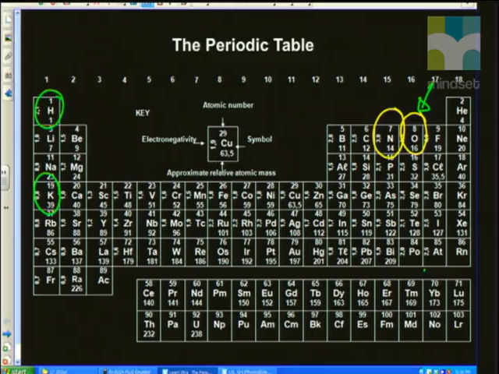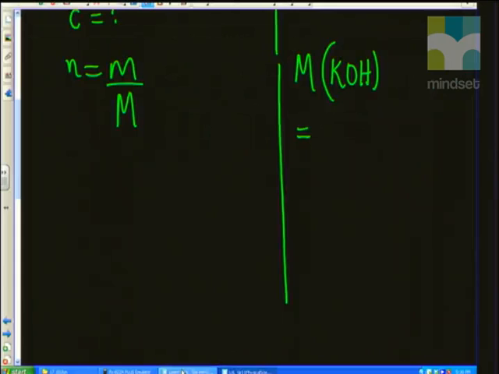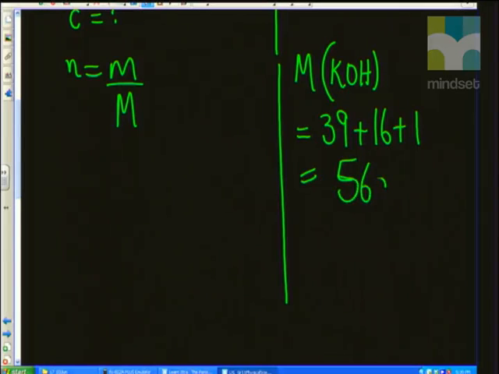So I can substitute into my molecular formula and work out the molar mass of potassium hydroxide. K is 39 plus oxygen 16 plus hydrogen 1. This is 56 grams per mole.